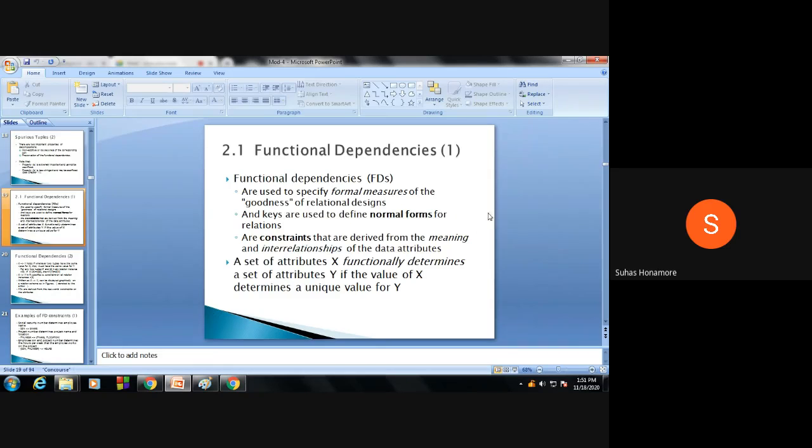Formally, we are going to measure the relation, that is, whatever relation design we are doing, whether it is good or not. For that we require functional dependency.